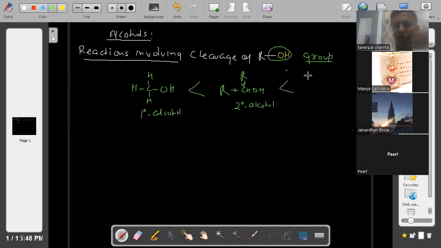Then the third one is R3C-OH, which is a 3 degree alcohol. In 1 degree alcohol, there is a low, poor inductive effect.